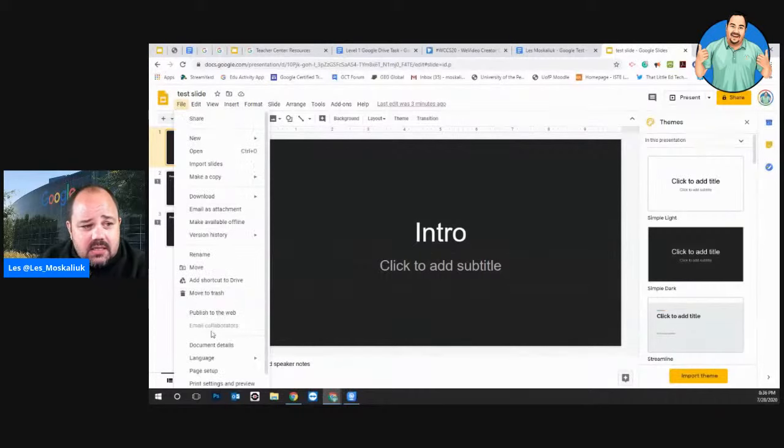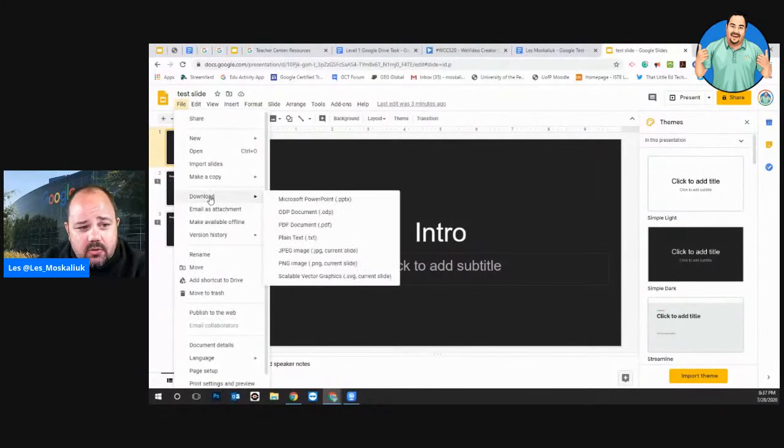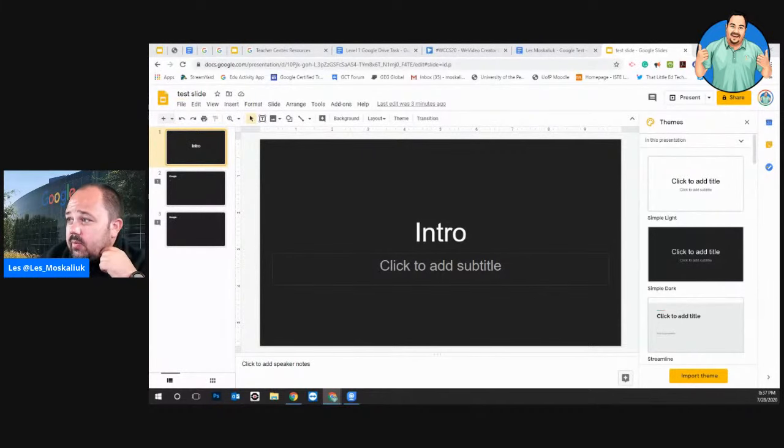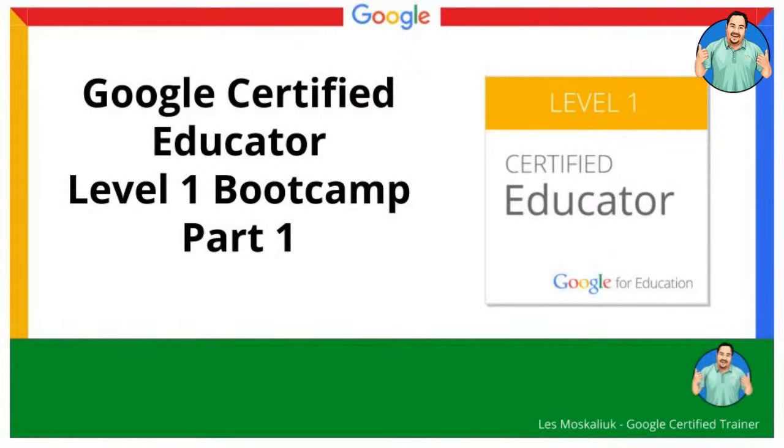And lastly, if we look here again, downloading, you can download this as a PowerPoint. And if you've looked at the initial slide that I gave you, the image that showed up at the beginning, that was the first slide of my slide deck.